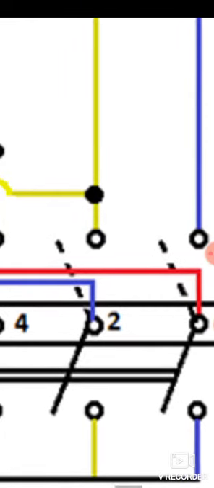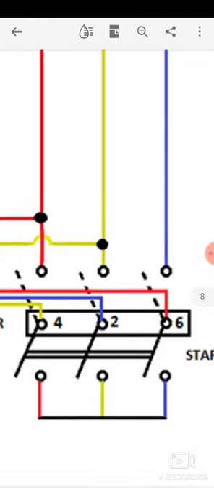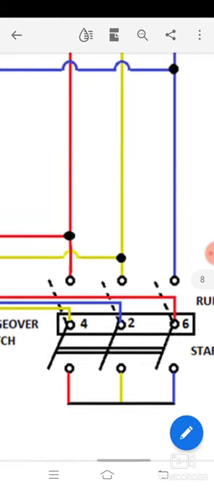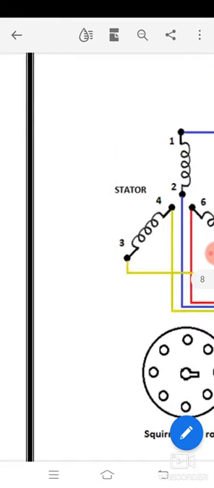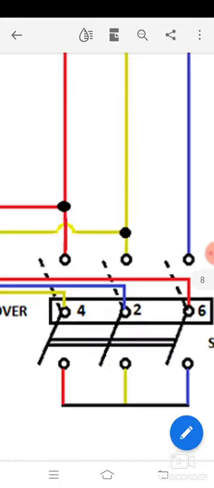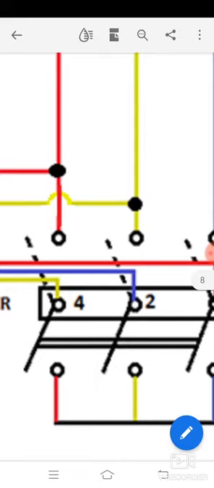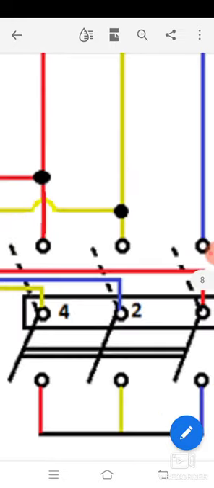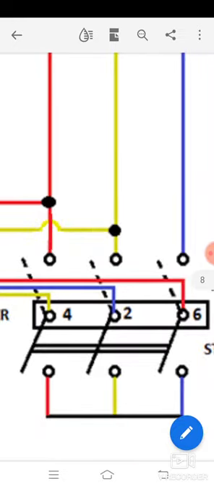So there is a handle in the middle here. Initially when the handle is in middle condition, the motor windings are neither connected in star nor in delta. So initially, when the switch is at the middle position, there is no connection.